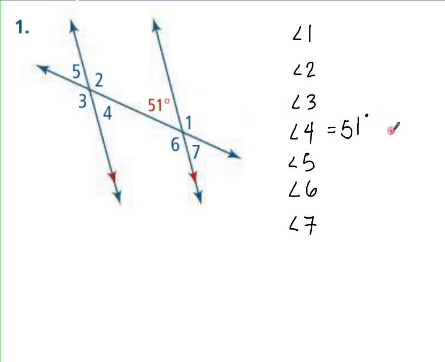Abbreviate. AIA. Okay, good. So let's see. What do I know about 4 and 7? They are congruent. Why are they congruent? Because they are corresponding angles. Right, corresponding angles, right? 4 and 7 are kind of in the same spot.